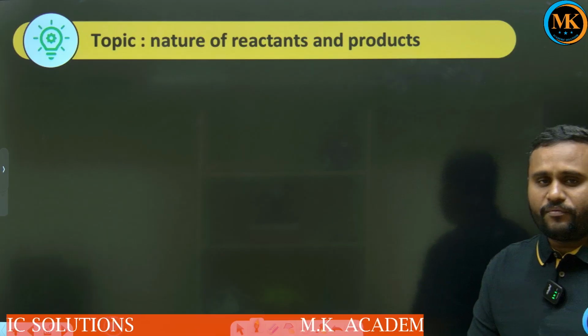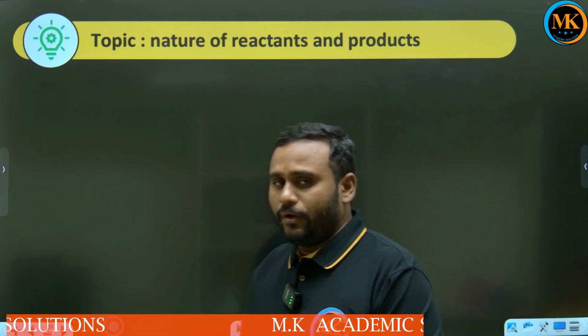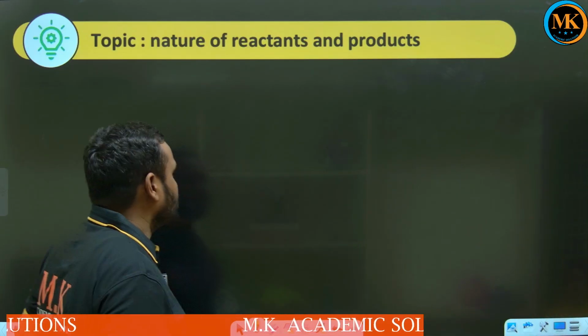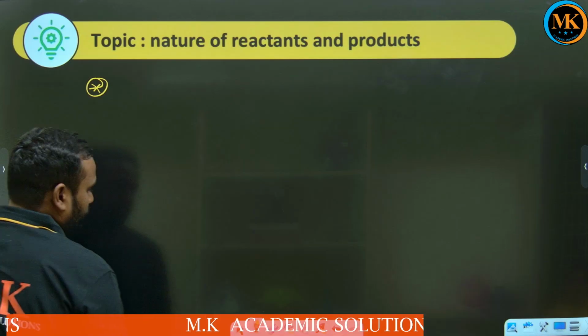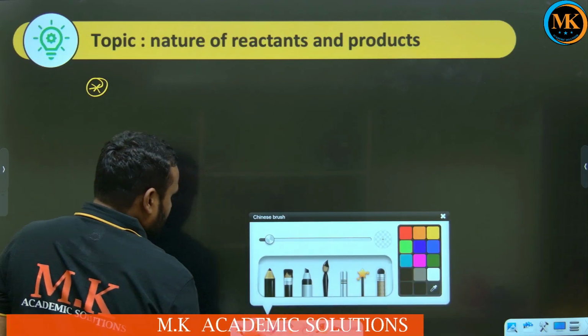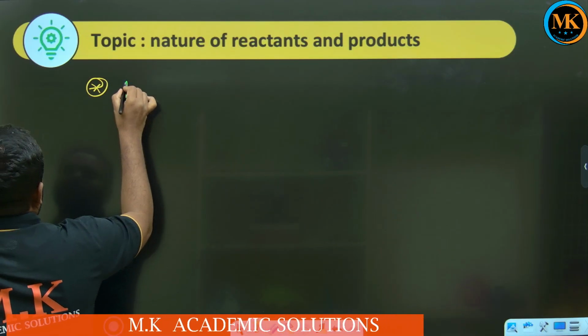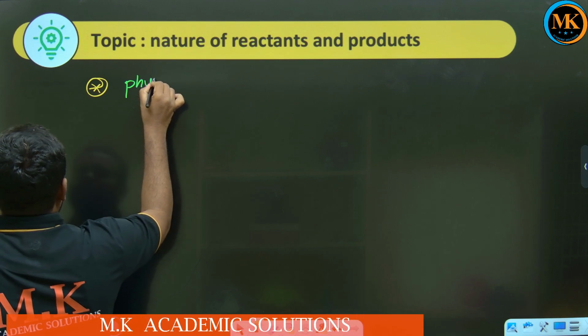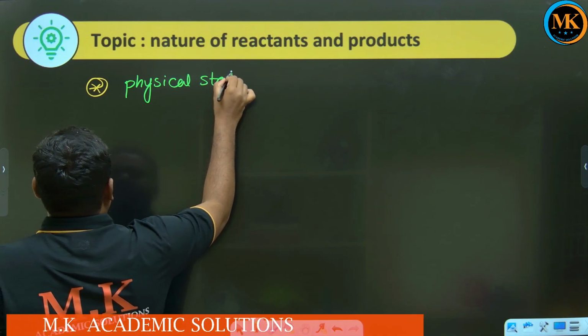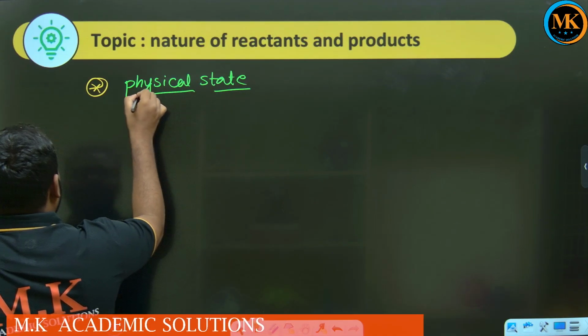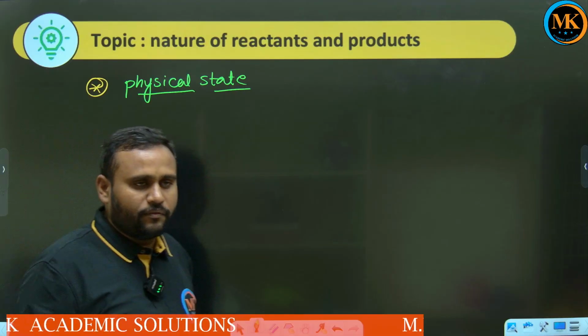In the nature of reactants and products, first we are going to consider the physical states of reactants and products. Physical state means we can consider solid, liquid, and gases.